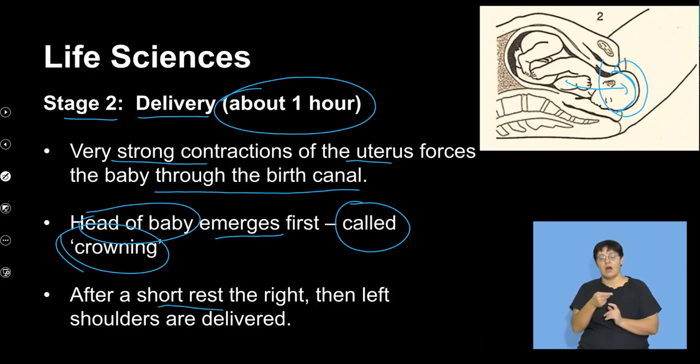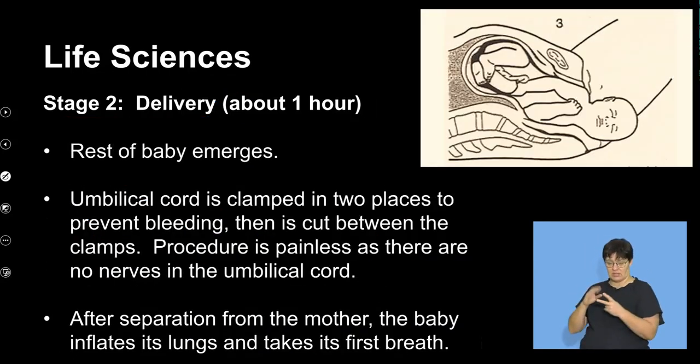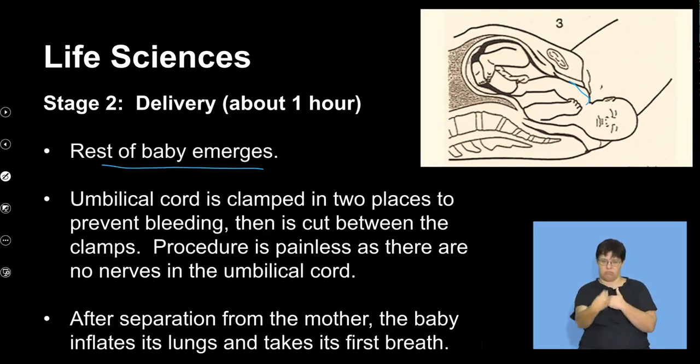After a short rest, the right and then the left shoulders are delivered. The baby comes out one shoulder at a time, and then the rest of the baby emerges. The umbilical cord is then clamped in 2 places to prevent bleeding when it is cut.